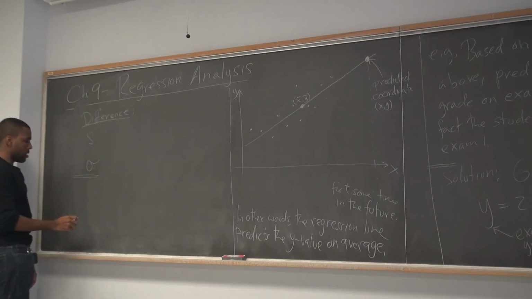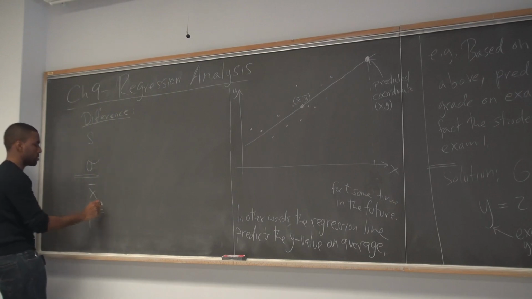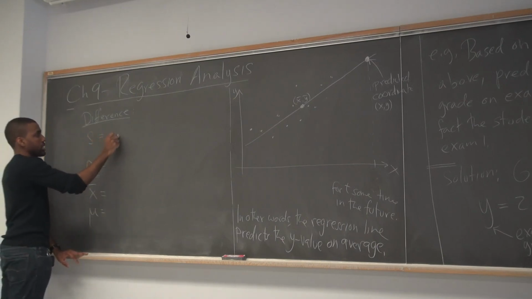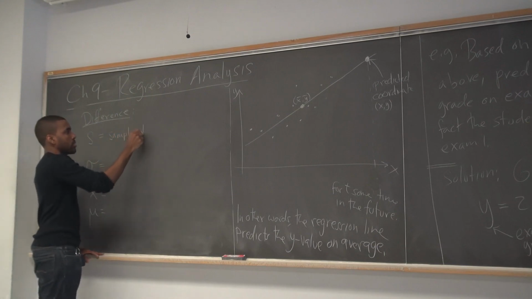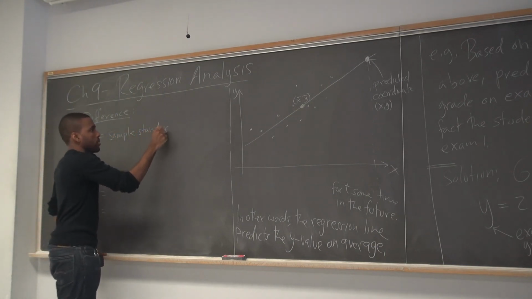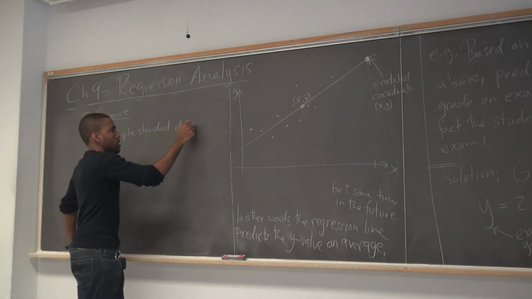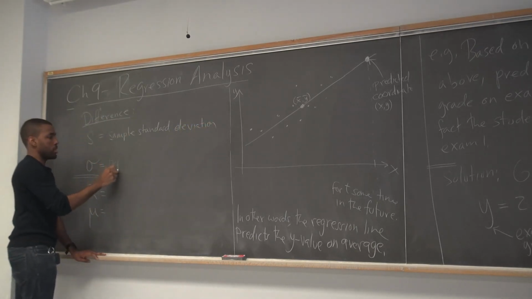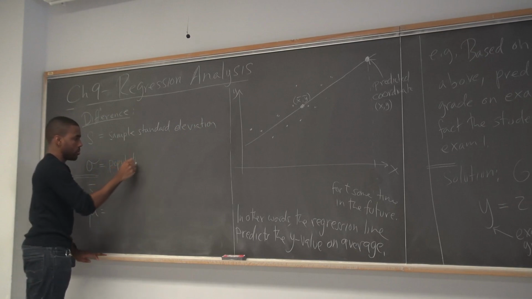There's X bar and then there's mu. Those will typically mean the same thing. So S is usually referring to the sample standard deviation, and sigma would be the population standard deviation.